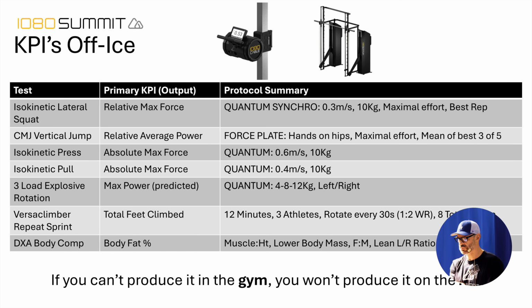I didn't touch on it in the last slide, but for body composition, and this is really important for us as well, we have a DEXA scan in-house. We scan every other month. Body fat percent's an easy one. However, it's not our only big metric. Because we have a lot of developing athletes, one of the really important ones for us is a ratio of muscle mass to height.